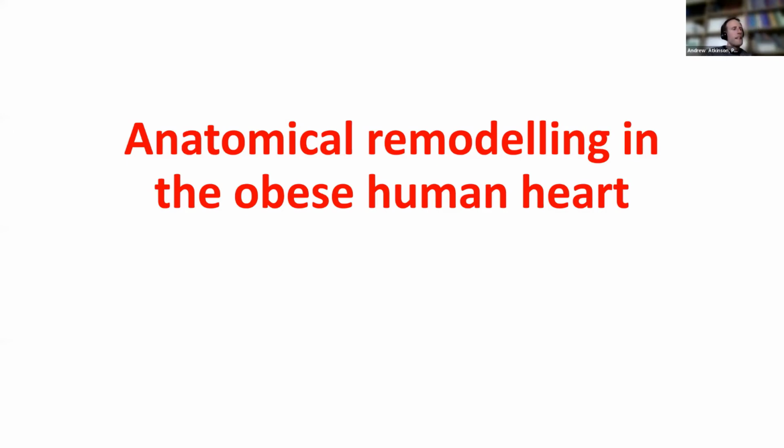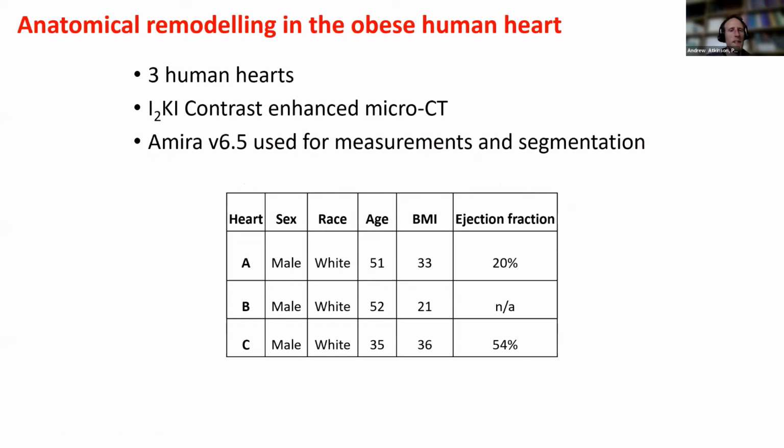So now, just touching on some of the current work that we're looking at, using the micro CT to look at the obese human heart. Obesity is a known risk factor for developing heart disease, particularly with conduction defects.